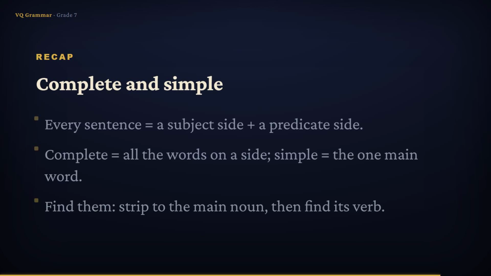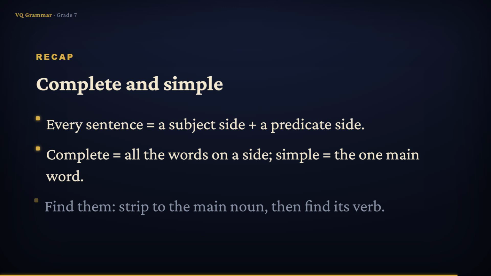Let's wrap up what we learned today. Every sentence divides into two sides, a subject side and a predicate side. The subject names whom or what, and the predicate tells what it does, has, or is like. When you mean all the words on a side, that is the complete subject or complete predicate.